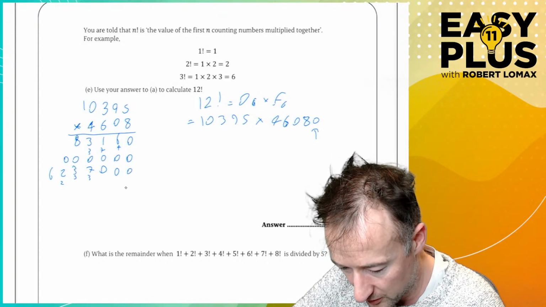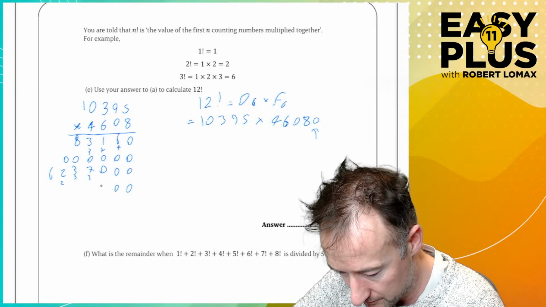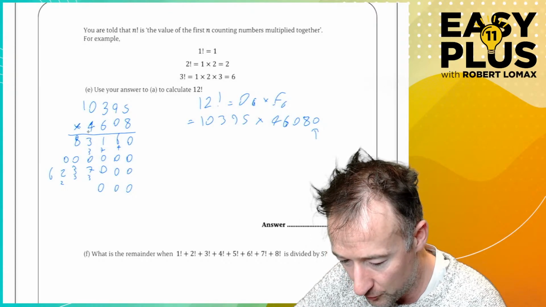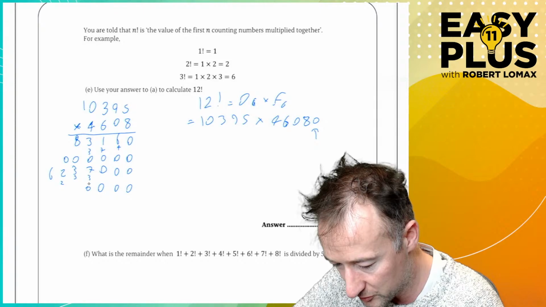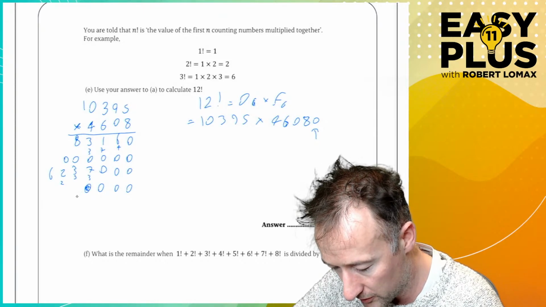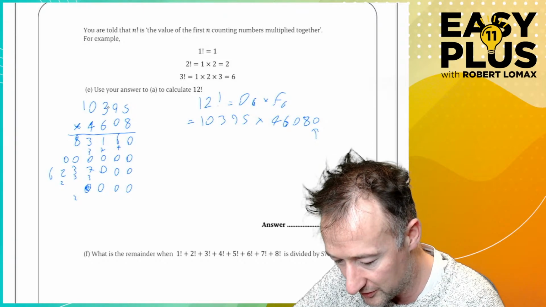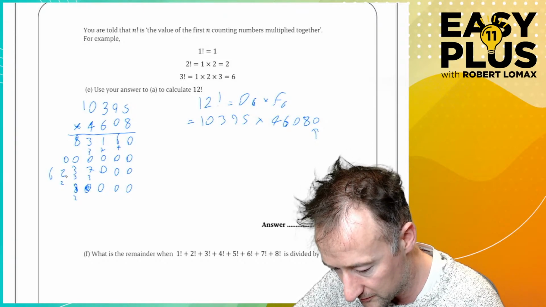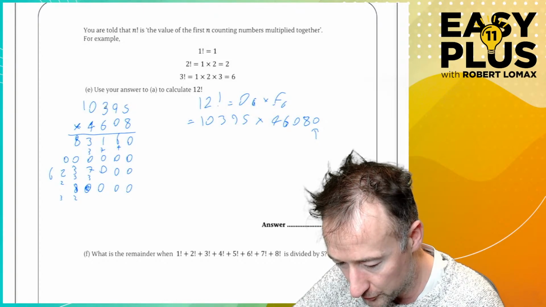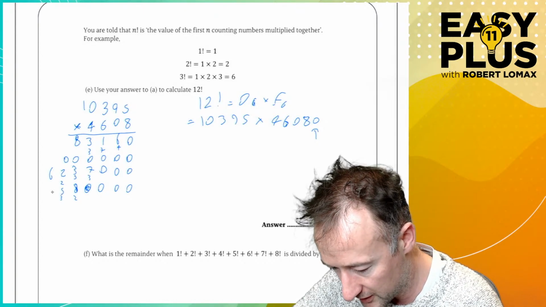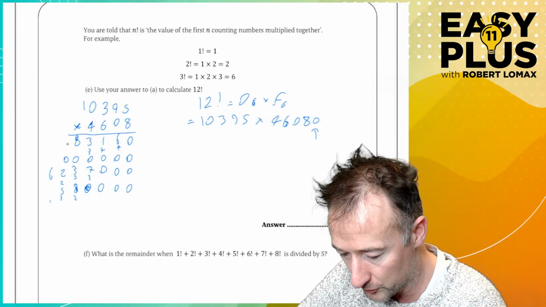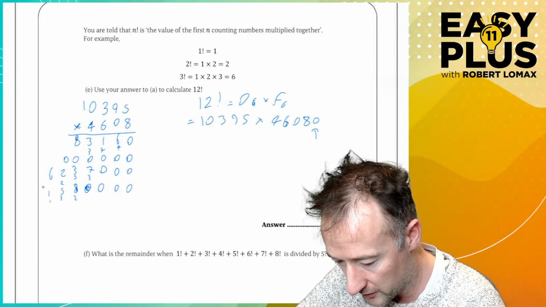So now we're starting with 3 zeros, and we got 4 times 5 is 20, which is not 20 factorial. We got 4 times 9 is 36, so it's going to be 38. We got 4 times 3 is 12, and 3 is 15. 4 times 0 is 0, so we got the 1. 4 times 1 is 4.